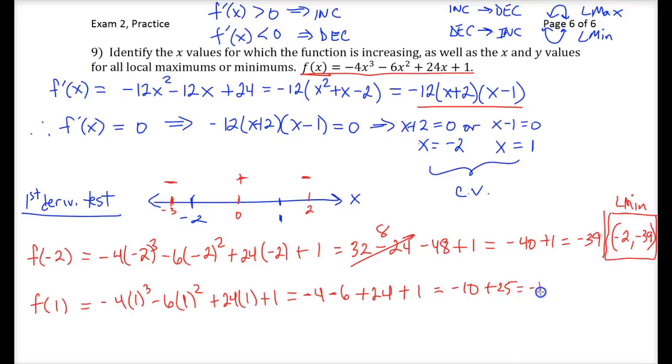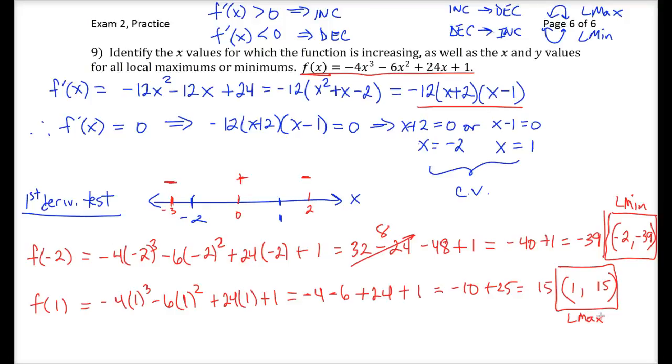So we get 15 as an answer. And thus our local max will be at the point 1, positive 15. Yeah, that was my mistake there. And that is our local max.